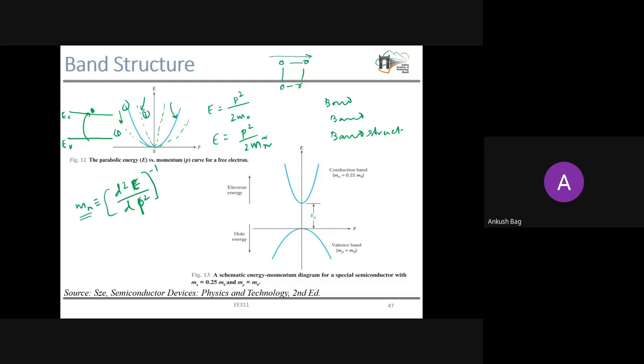Because in a high speed device, you need a lighter carrier. So material 3, with the narrower conduction band, is the most suitable one from these three materials.